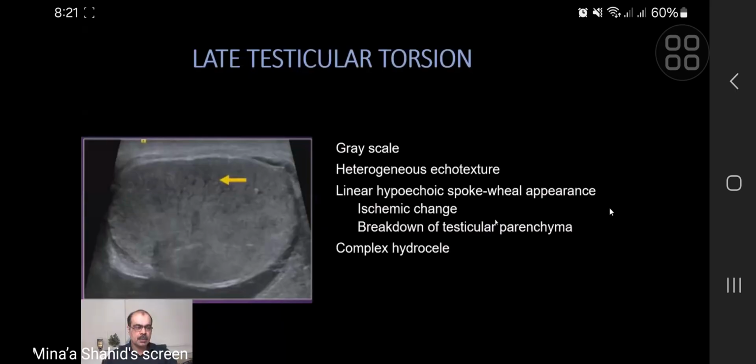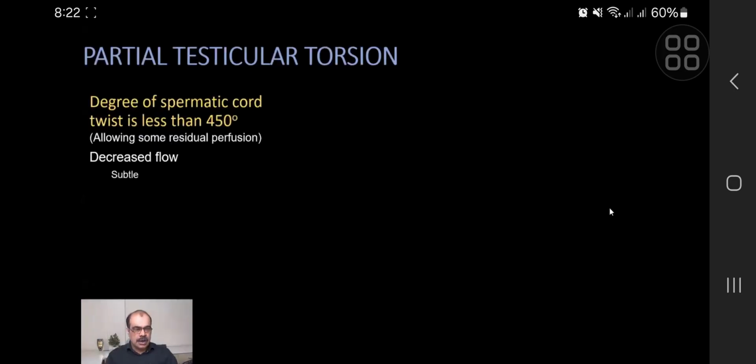And then there is also a complex hydrocele, which is more likely due to some bleeding around the testicle.